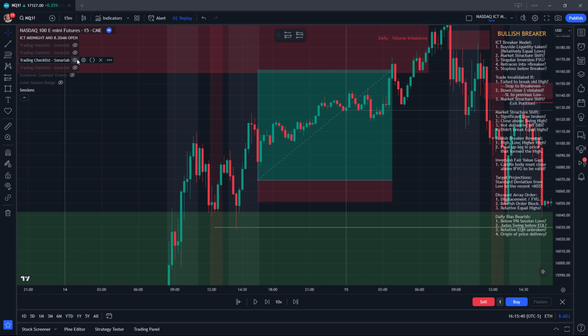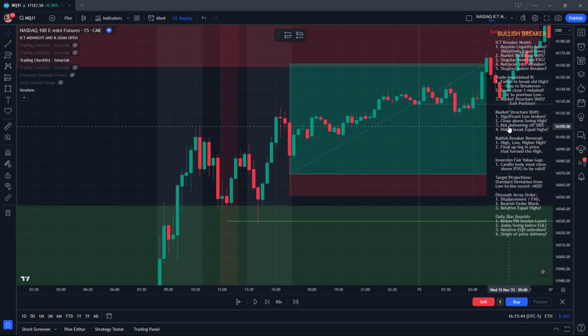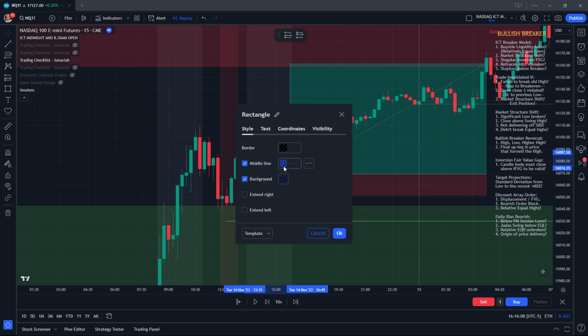And so then with this one, we have a bullish breaker. So that's the high, a low, and a higher high. High, low, higher high. Final up leg in price that formed this high. The final up leg in price, that's here. That's our 15-minute bullish breaker, so I'll put that in orange.